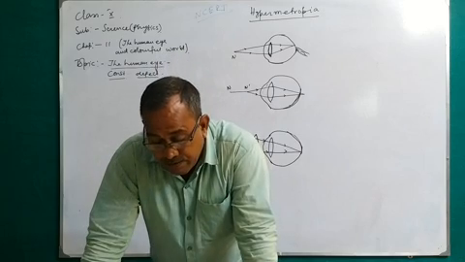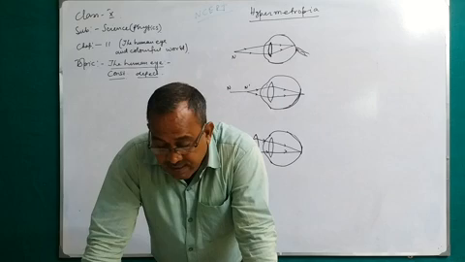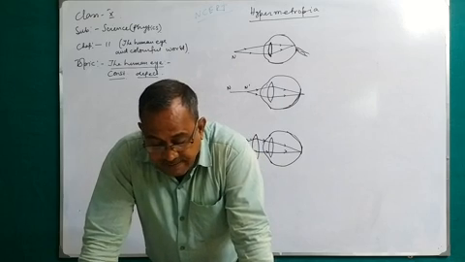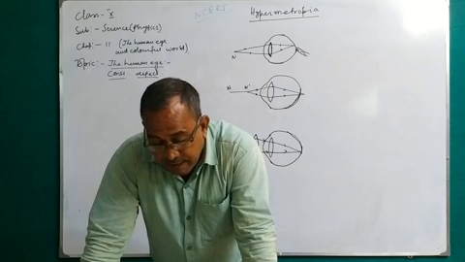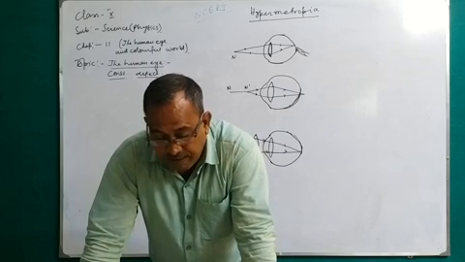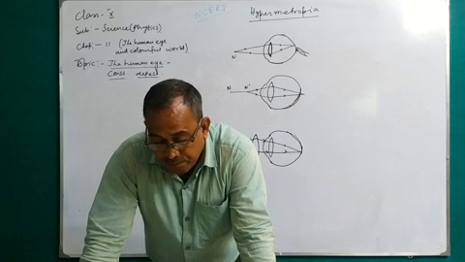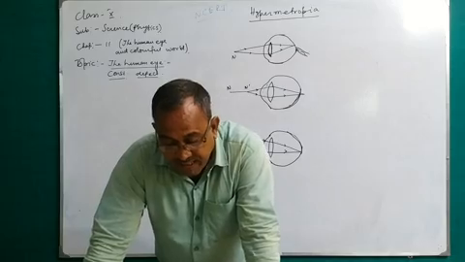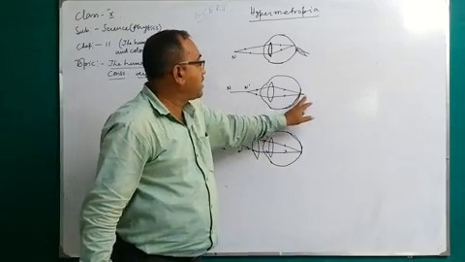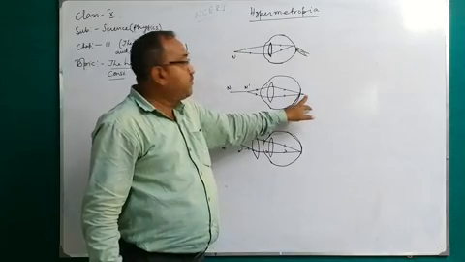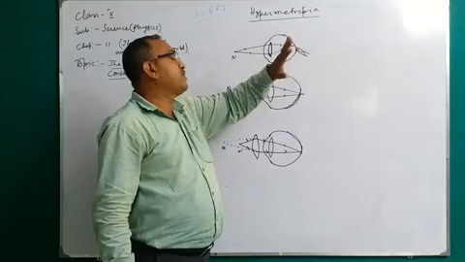So from your NCERT book you check it. This is because the light rays from a close by object are focused at a point behind the retina, as shown in the figure. If the image forms on the retina, you can see it clearly.